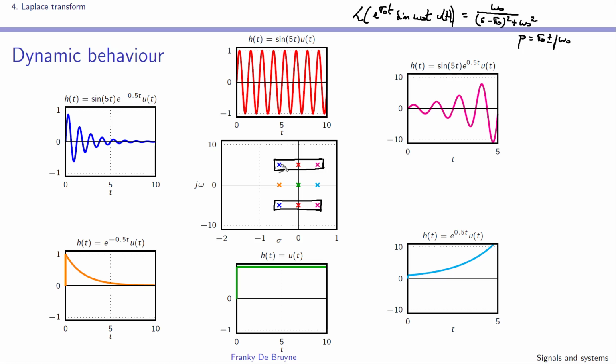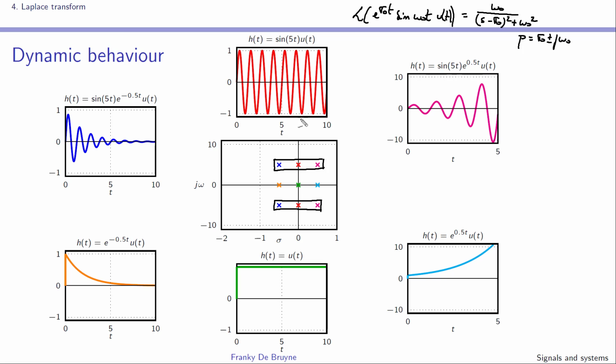As we had anticipated, if the poles are to the left of the j omega axis, the system is stable, and the impulse response is a sine modulated by a decreasing exponential, right? If the poles are situated to the right of the j omega axis, we have an unstable system, and the impulse response is a sine modulated by a growing exponential. And if we're at the limit of stability, this means that sigma 0, the real part of the pole, is 0.